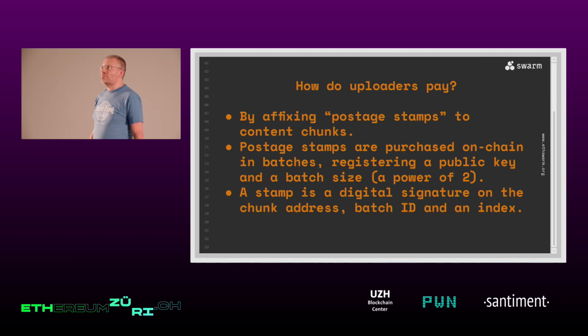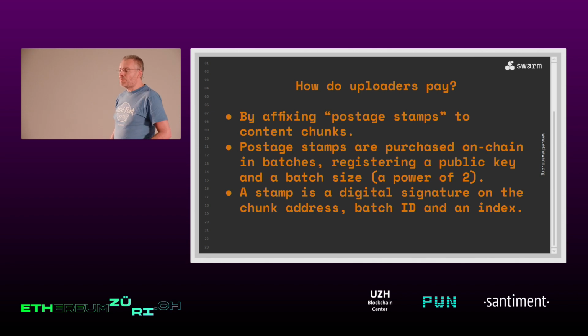So basically, in two sentences, what happens is that uploaders pay and storers get paid. So there's a way of redistributing these payments to the storers. And this presentation is basically about how uploaders pay and then about how storers get to receive this payment.